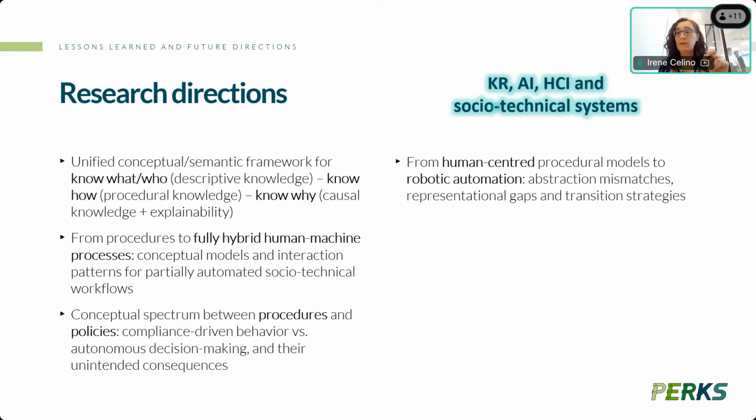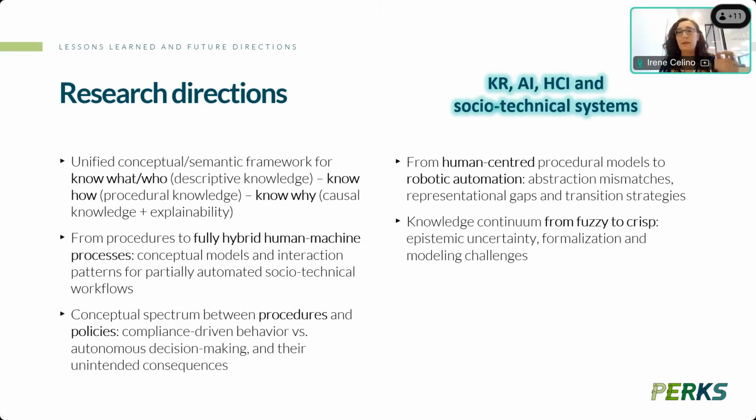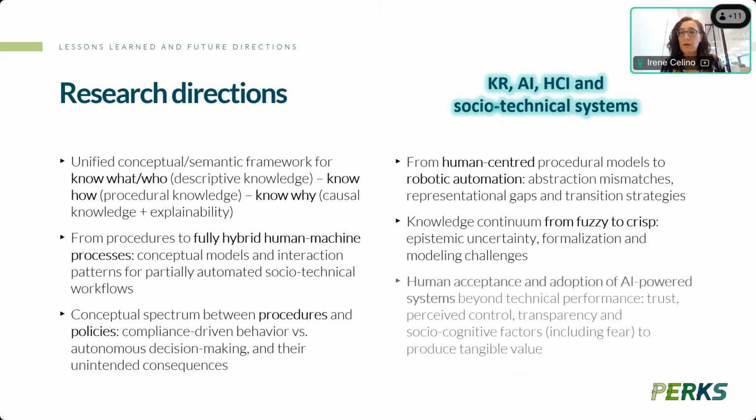In industrial settings, sometimes you want to substitute people with robots, for example, for hazardous actions. Are the procedures defined for humans the same as those that can be defined for robots? Another thing, probably you know this better than me, there is a continuum between fuzzy and crisp knowledge.